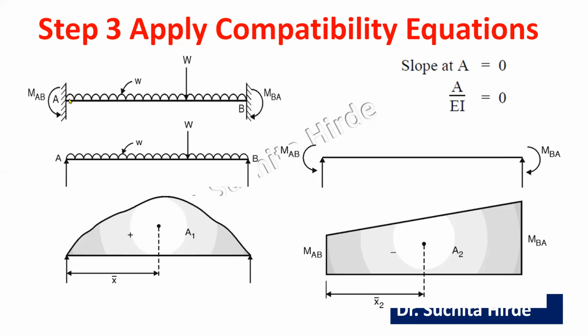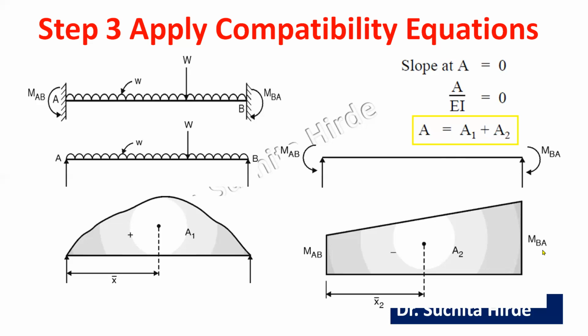Difference in slope between 2 points means slope at A and slope at B both are 0, so it is 0. So this is equal to the area of the bending moment diagram between those 2 points, and therefore A is equal to 0. We can write this A as A1 plus A2. So the first equation of compatibility is A1 plus A2 equal to 0.